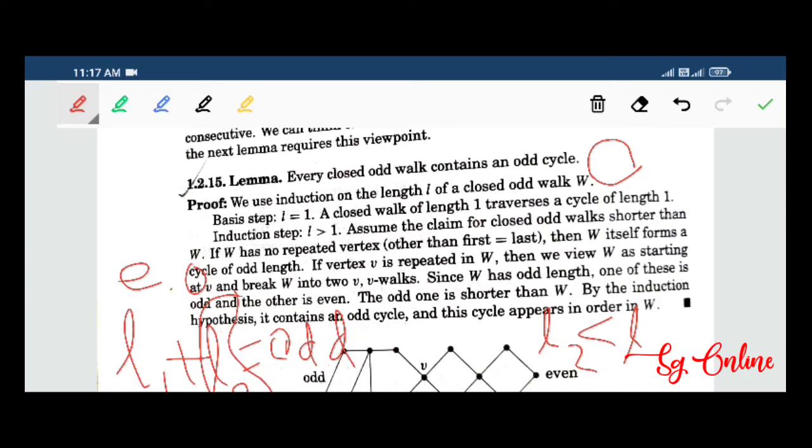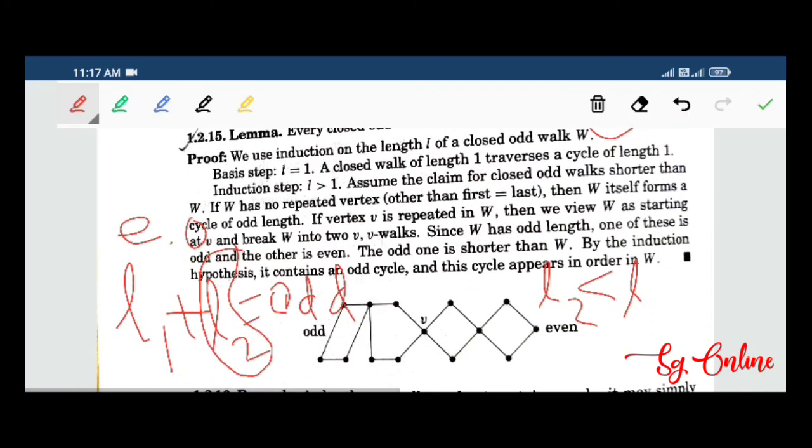But if there is a vertex repetition, then we separate the portion of the repeating vertex on one side and the other part on the other side, both forming closed walks. Since the total length is odd, the sum of these two integers is odd, so one of them must be odd. This odd part has length less than the given closed odd walk, and it is another closed odd walk, but its length is less than L.